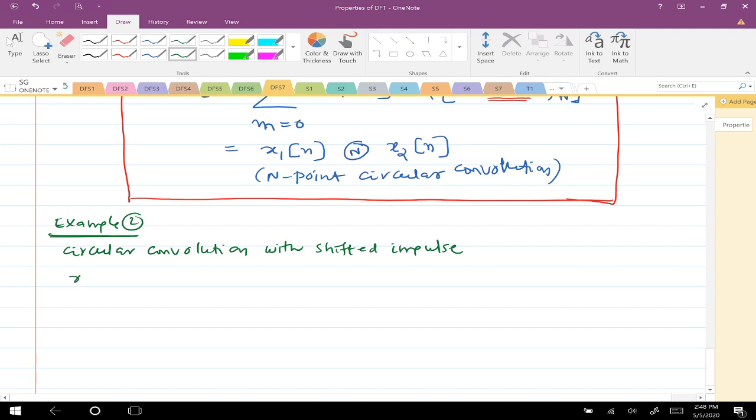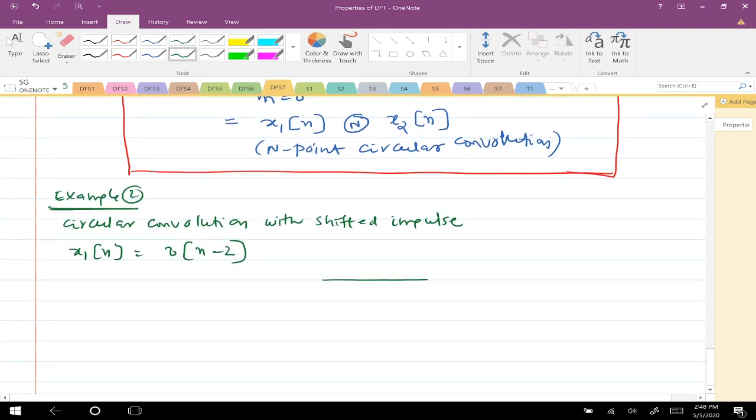Let's call x1 of n as delta of n minus 2. How does it look? This is my n, 0, 1, 2. Here delta of n minus 2 has value 1, and the rest are of course all zeros. This is my x1 of n.